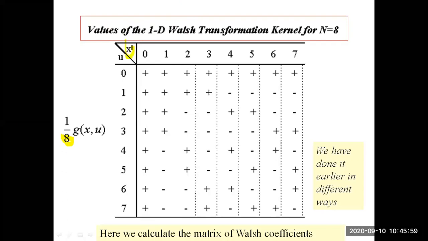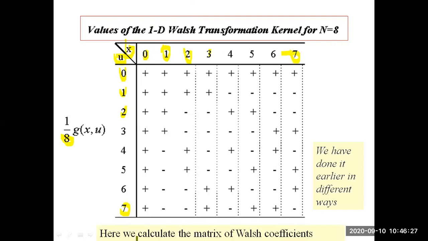Suppose x is horizontal and y is vertical. What are the values of u? 0, 1, 2, and so on up to 7. So we form an 8 into 8 matrix, with 0, 1, 2, 3 and so on up to 7.